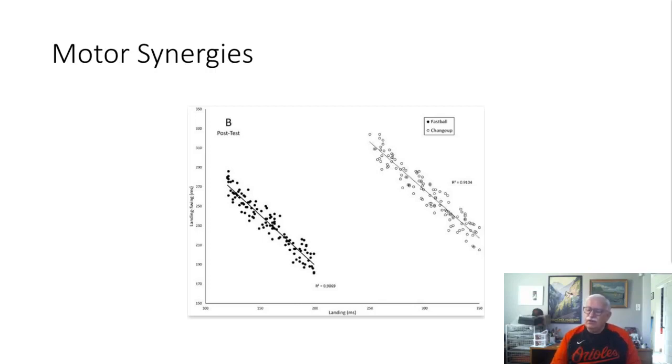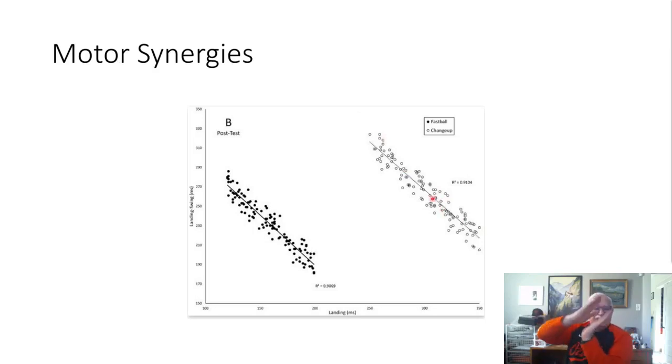Second, there are clear motor synergies, meaning there's a trade-off here, and that's what gives us this cluster around the fastball and this cluster around the changeup. Whatever you do in one place is not countered, but coordinated with what you do in the other, so that over a range of getting the foot to go fast or slow, or the swing to go faster or slower, things are balanced so that you get this wonderful performance.